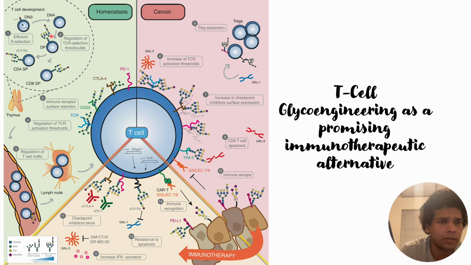The other function of these glycans that are present on this DP stage of the T cells is to help in the regulation of T cell traffic. There are two factors on which this T cell traffic will depend.